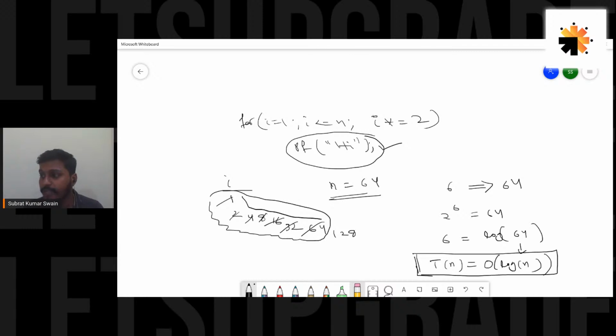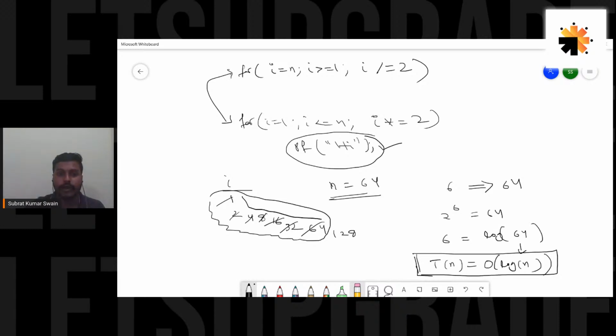One more way you can see this is: for i equal to n, i greater than or equal to 1, and i divided by 2. What is the difference between this and the previous one, guys?